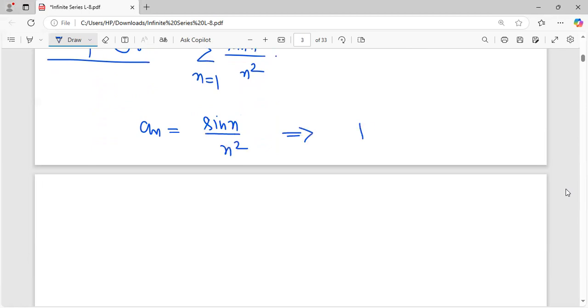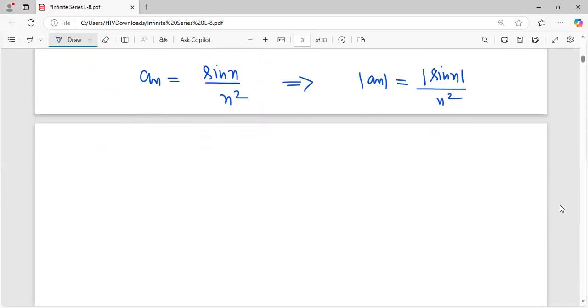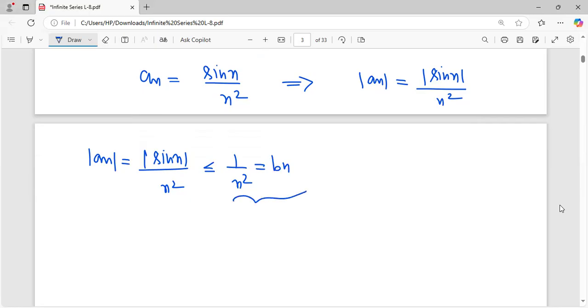Now the absolute value of a_n is less than or equal to 1 upon n square. Let's say this is b_n.